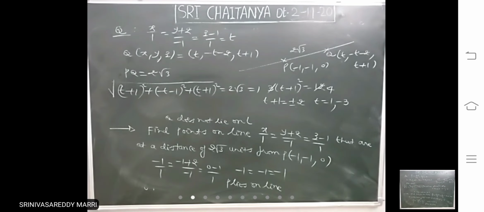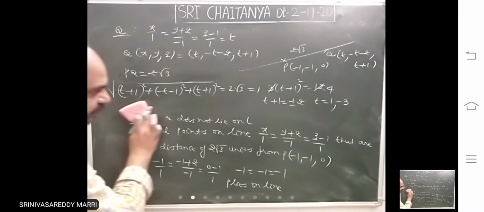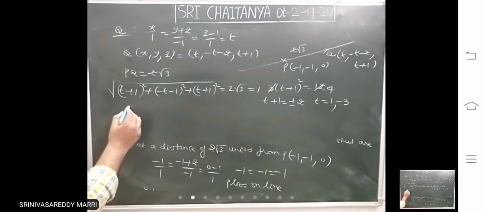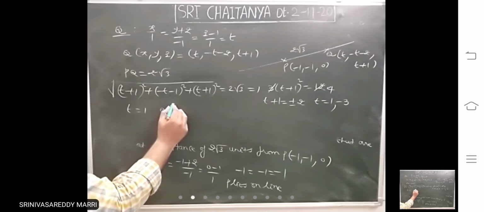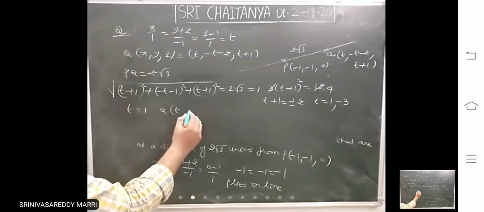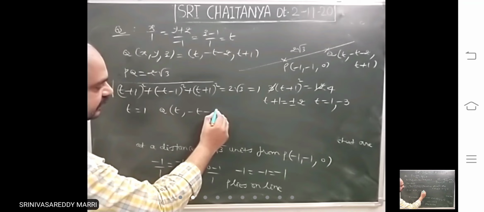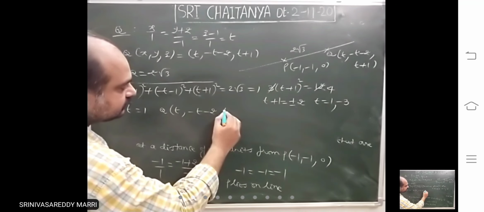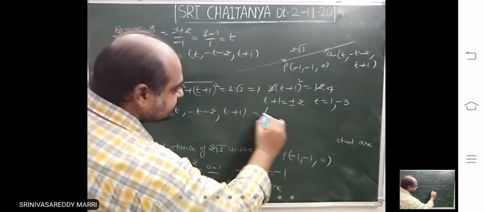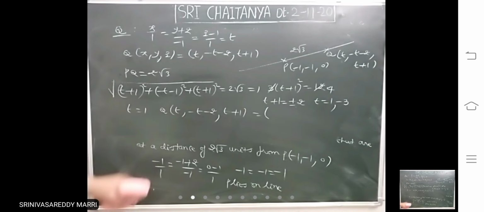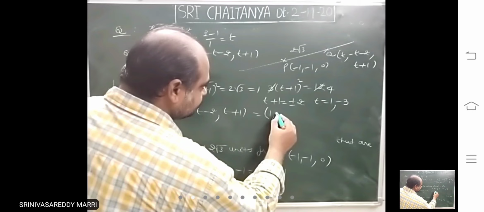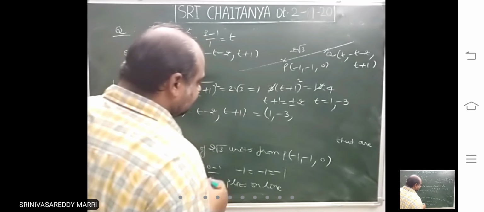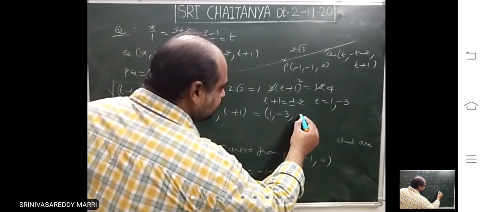So with these T values you get the point Q. For T equal to 1, Q is (T, minus T, minus 2, T plus 1), which on substituting gives (1, minus 1, minus 2)... that is, (minus 3, 1, plus 1, 2).